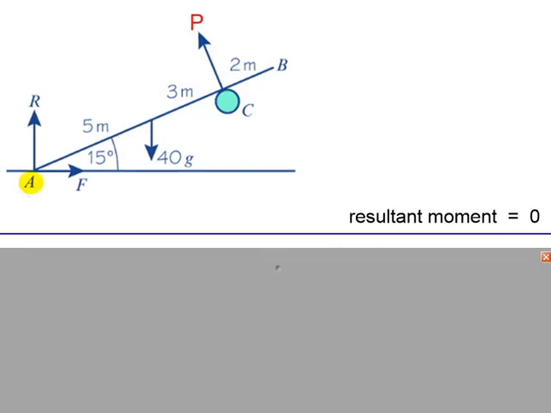So let's start by taking moments, and I'm going to take moments about point A, and I've chosen that point because any force that passes through this point, the distance between the force and the point will be 0, so that particular force will not be a part of our calculation for moments.